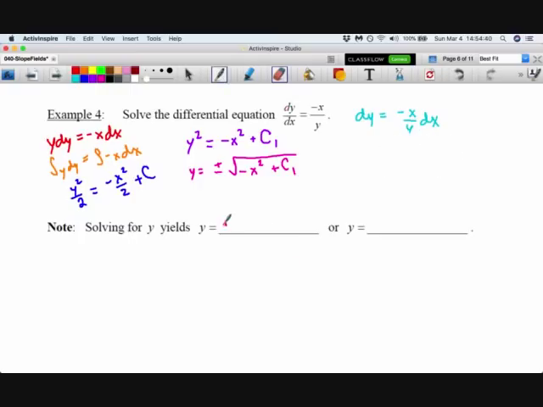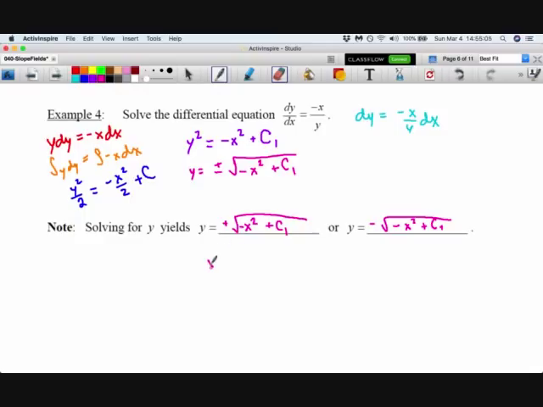So we either have y equals the positive branch of that square root or the negative branch of this square root. And both of these guys are semicircles, just so you know. Right?